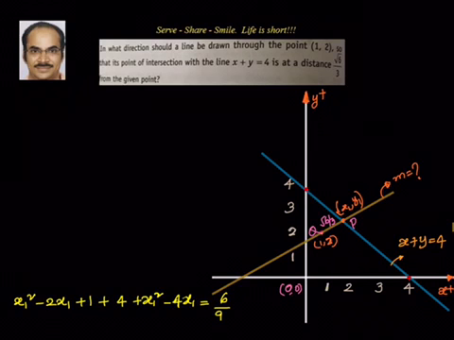I will write down x1 square plus x1 square is 2x1 square. 2x1, 4x1 with negatives is minus 6x1 plus 5, and 6 by 9 comes to the left side. It will become minus 6 by 9.